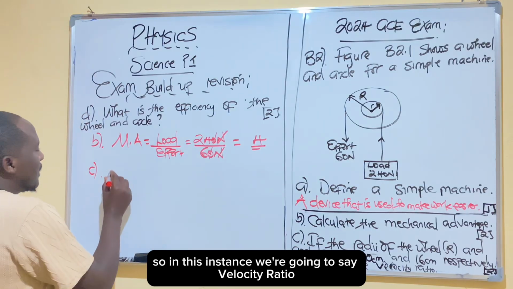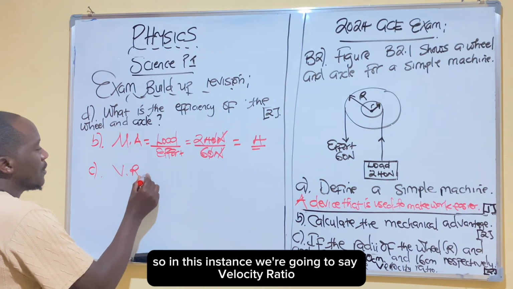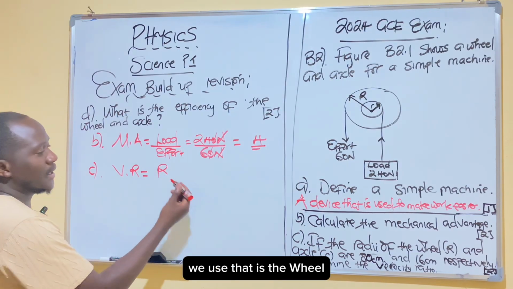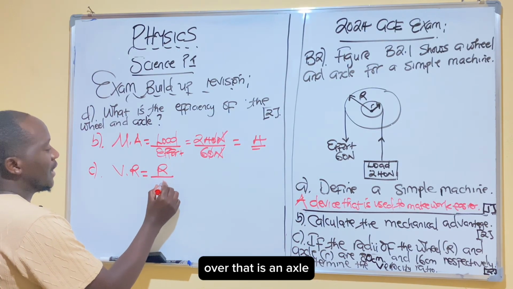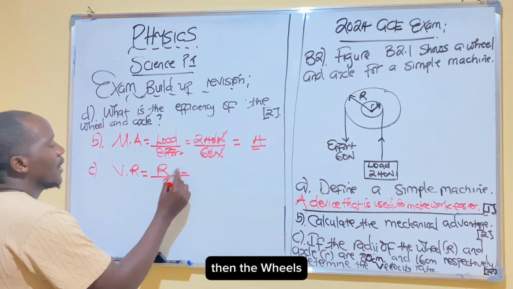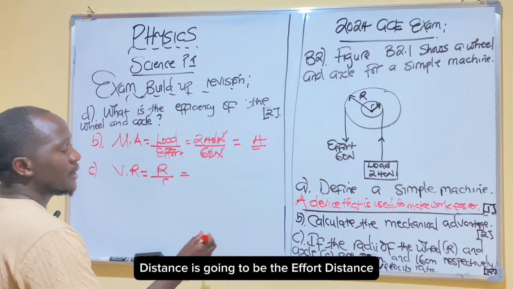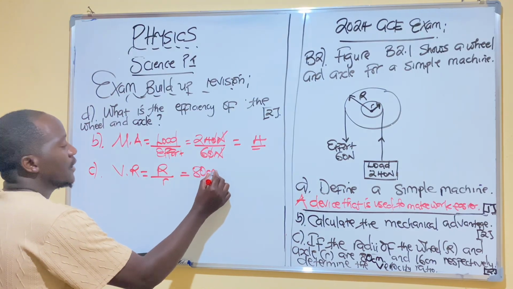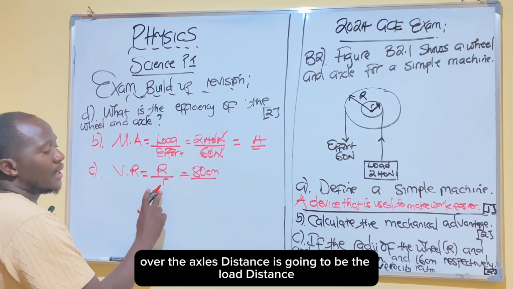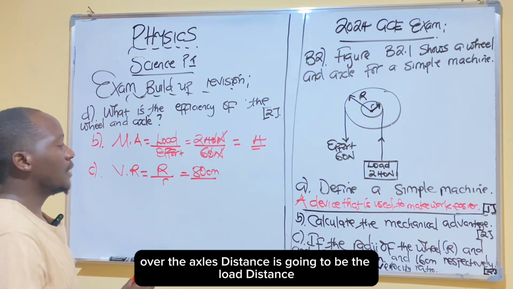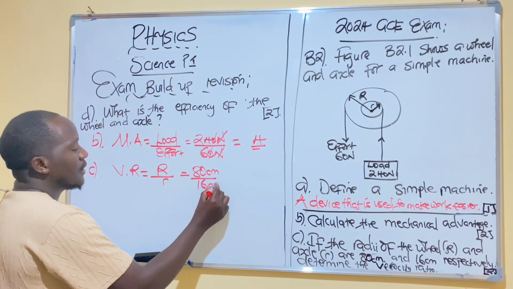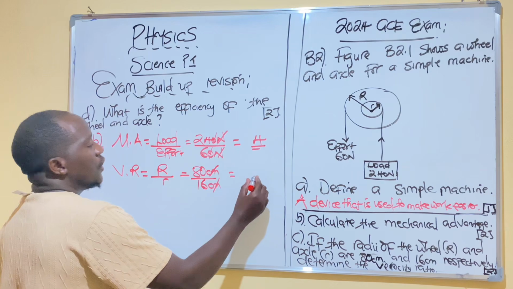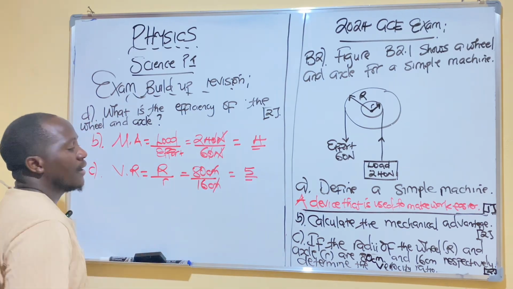So in this instance, we're going to say velocity ratio. When we are dealing with a wheel and axle, we use the wheel over the axle. Then the wheel's distance is going to be the effort distance, which is going to be 80 centimeters, over the axle's distance, which is the load distance, 16 centimeters. We cancel the centimeters, so 16 into 80 is going to give us a 5.